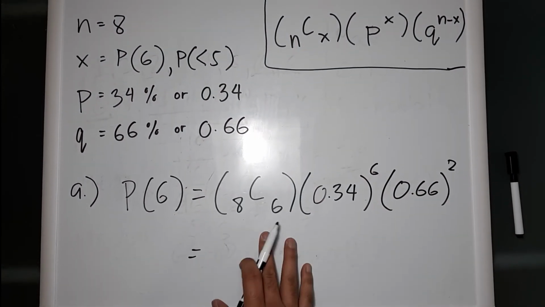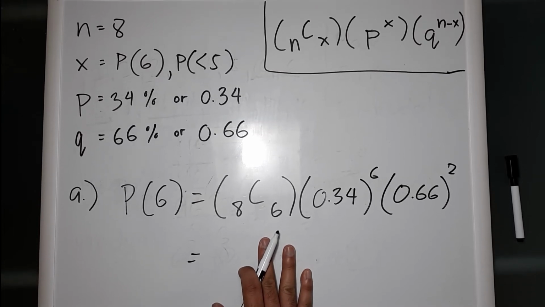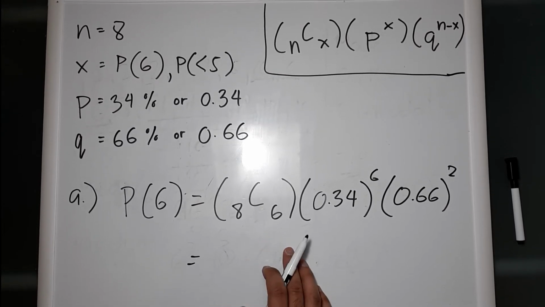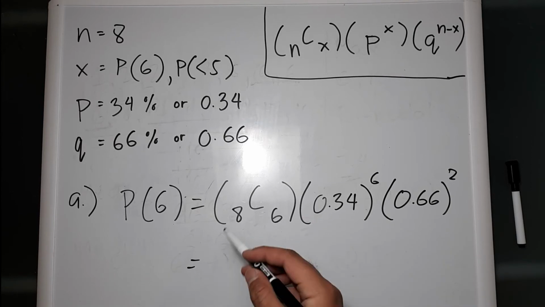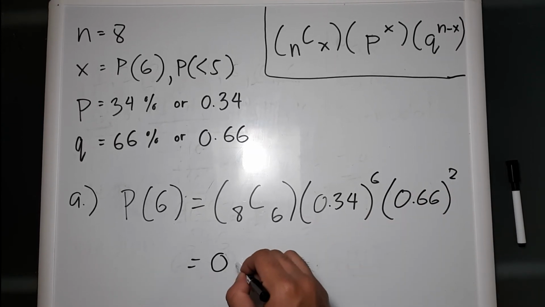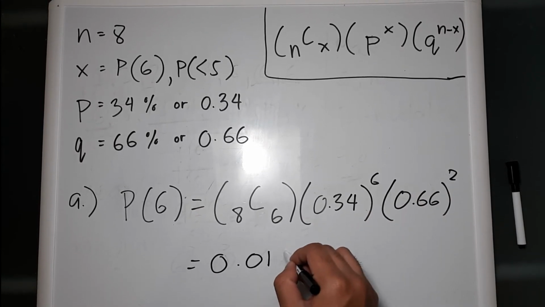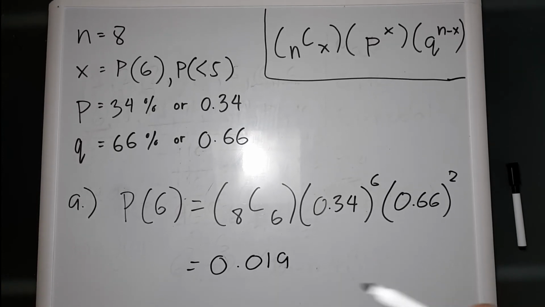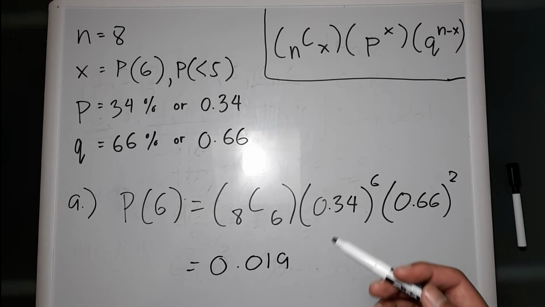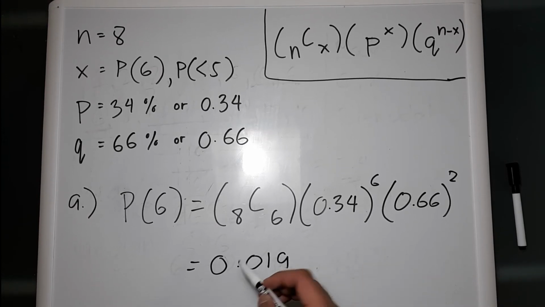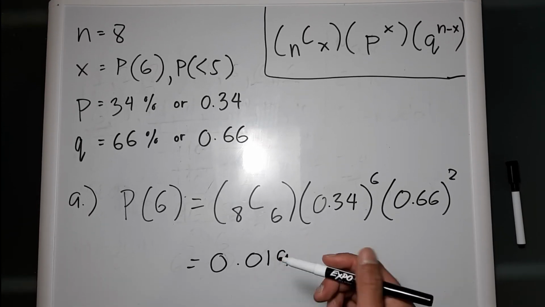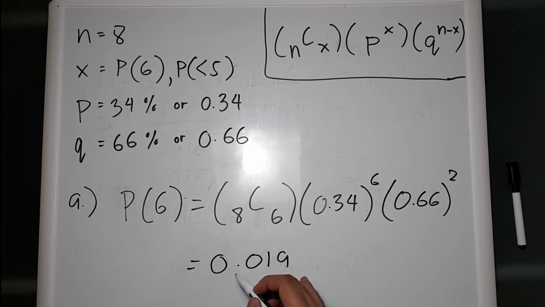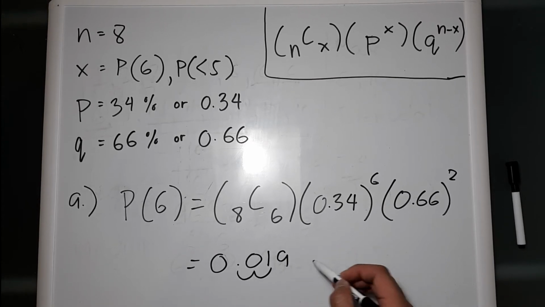This is hard to solve on your own, but that's why we're going to use a calculator. When I used the calculator, the answer that I got was 0.019. To convert this into a percentage, thereby the probability, we multiply this by 100 and move the decimal point to the right by 2.